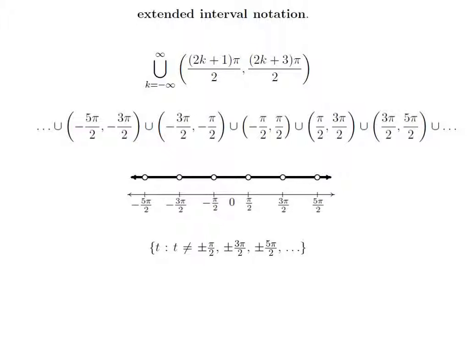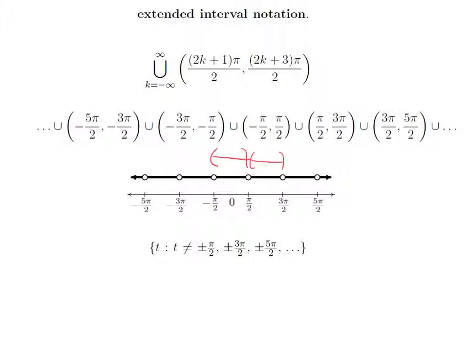But now what does all this mean? From pi halves to 3 pi halves is just this. From negative pi halves to pi halves is just this. But notice, pi halves is not included. We do not have a hard bracket here or here, so there's a hollow dot over pi halves.